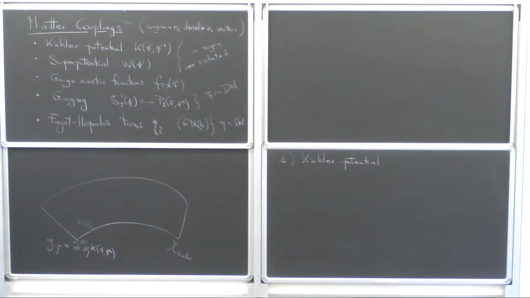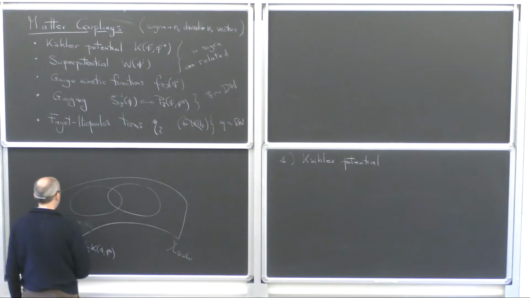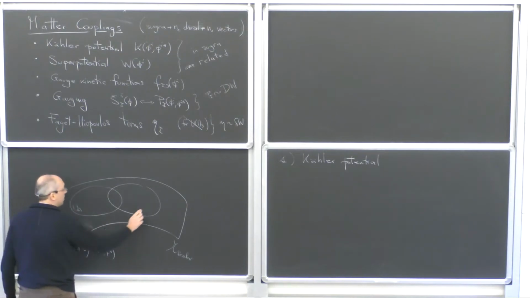Now, this means, as usual in differential geometry, that on your manifold, you might not have coordinates that cover globally your manifold, so you will introduce generically different sets of coordinates in different patches.